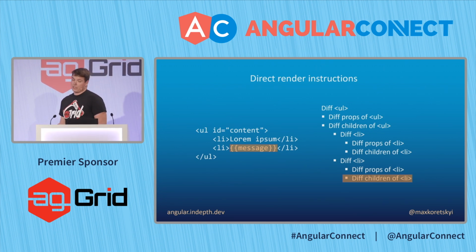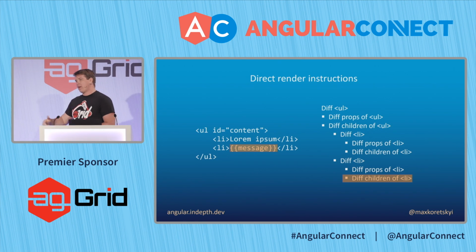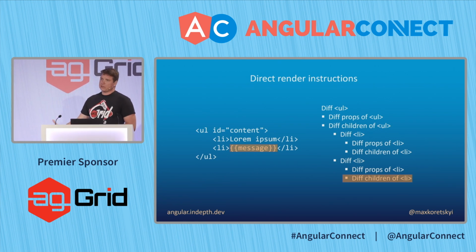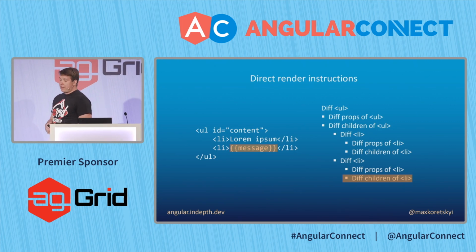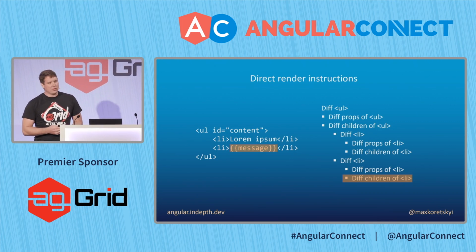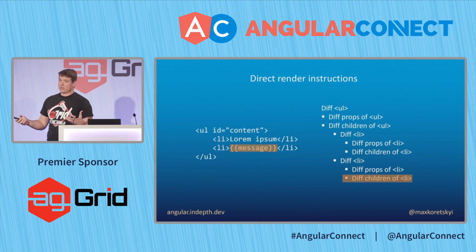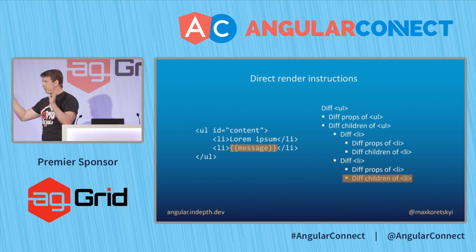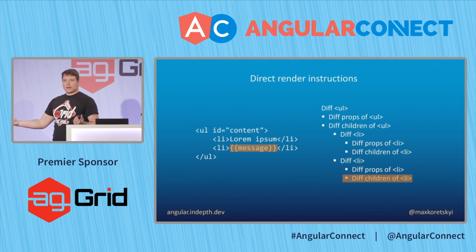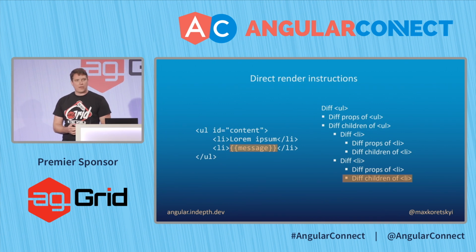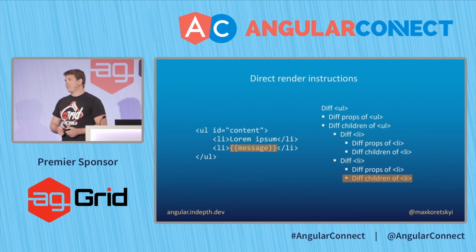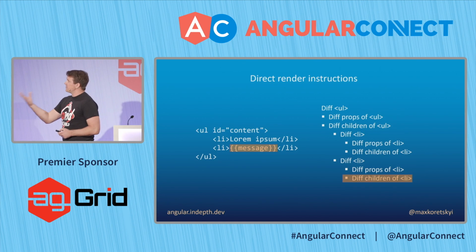And as you can imagine, it's a lot faster than checking every single element that you have in the view definition. And this is, of course, enabled by the static nature of HTML templates in Angular, right? Because when you define them, Angular compiler has a lot of information to work with, so it can produce this kind of code, right?